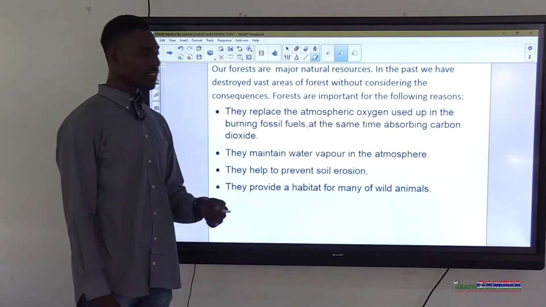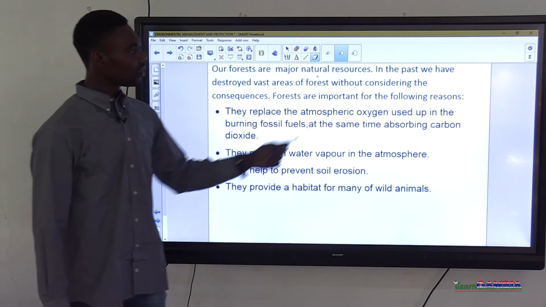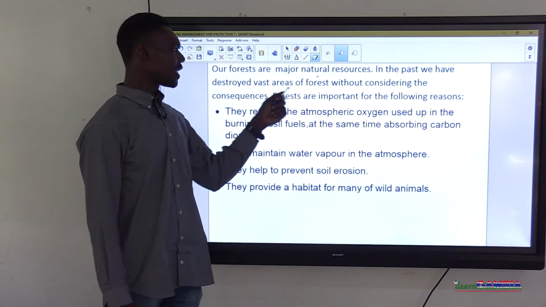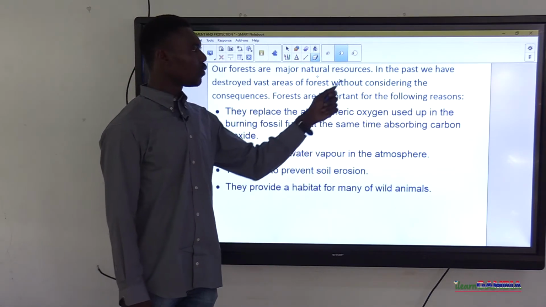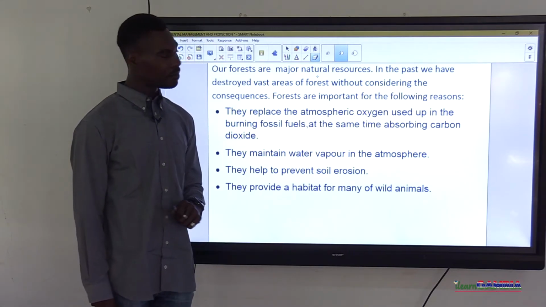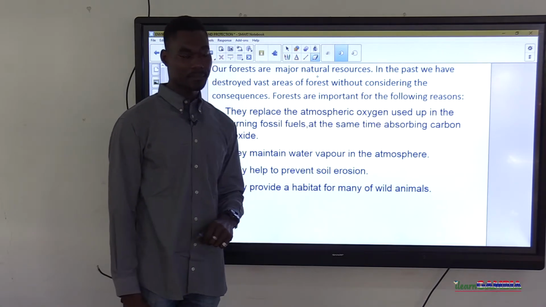Our forests are major natural resources. In the past, we have destroyed vast areas of forest without considering the consequences. Forests are important for the following reasons.